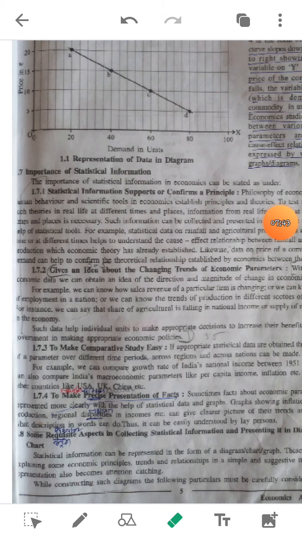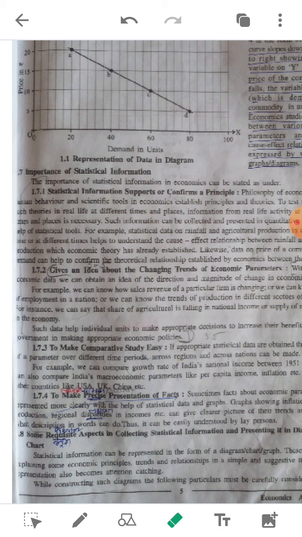Now, how could this be represented by a graph? You can see clearly that both variables, x-axis and y-axis, are given in the graph. The y-axis represents the price of the commodity and the x-axis represents the demand in units.